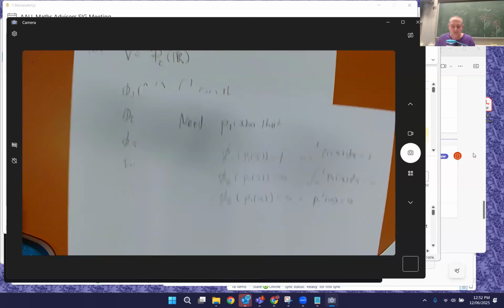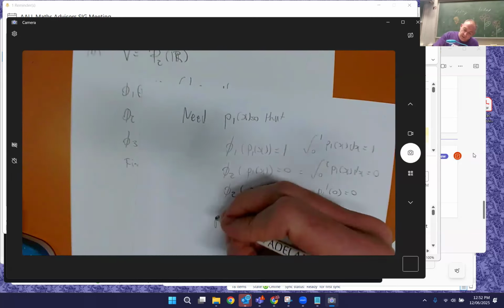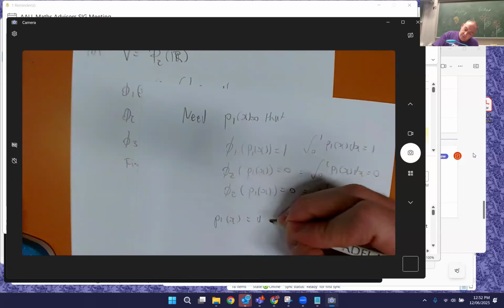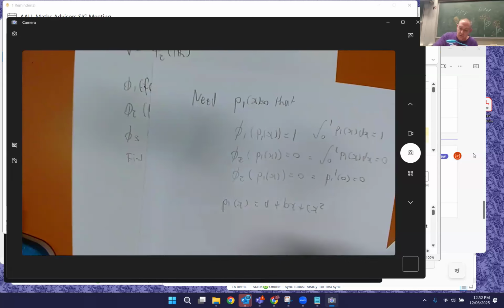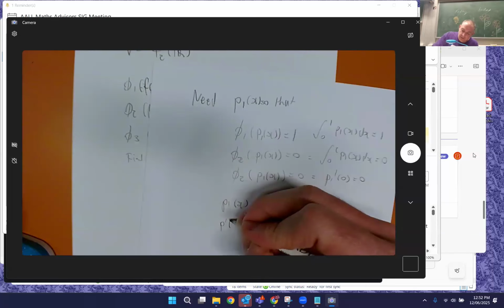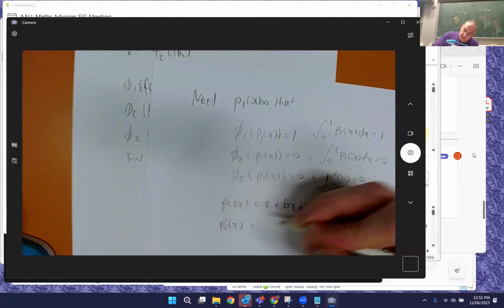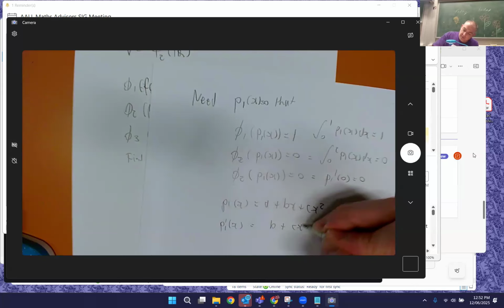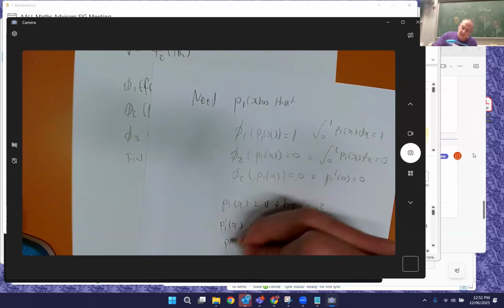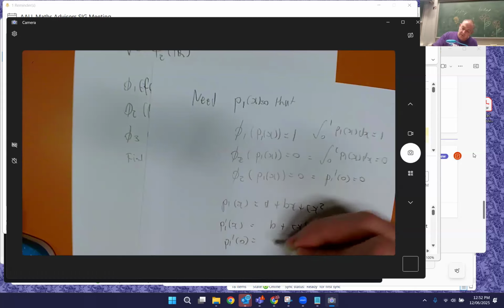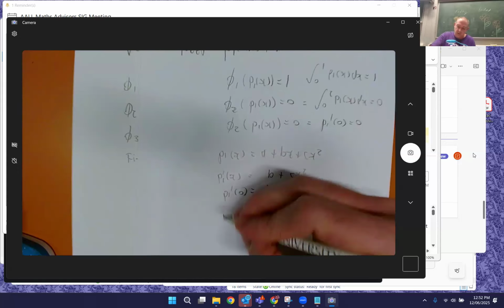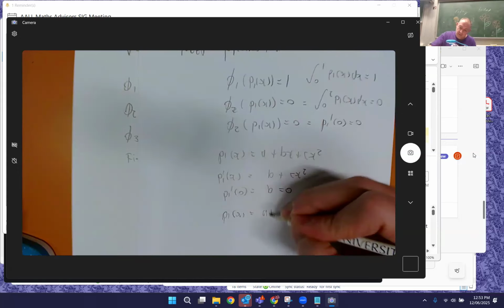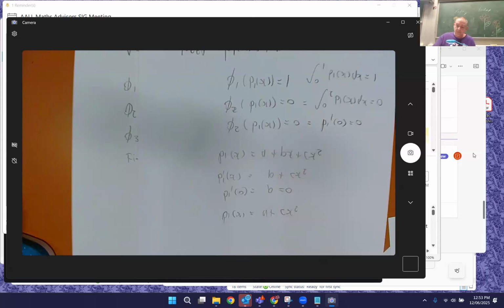So P1x, if this was a plus bx plus cx squared, then I know that P1 dashed is b plus 2cx, and P1 dashed of 0 is b, which is 0. So that I know. And so my P1 is now a plus cx squared.